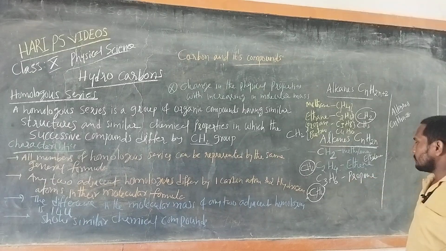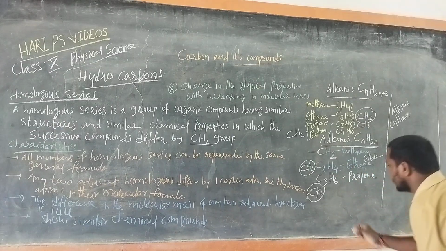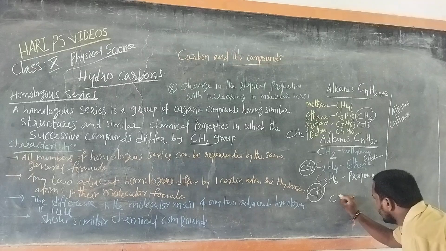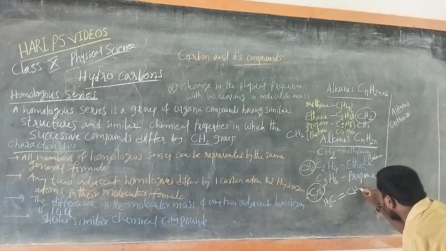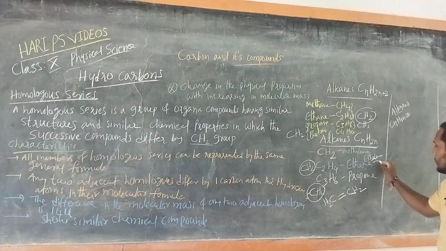When you write the structure, for example, CH2 double bond CH2, this is ethene.